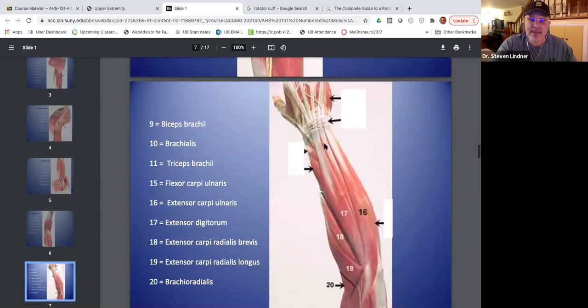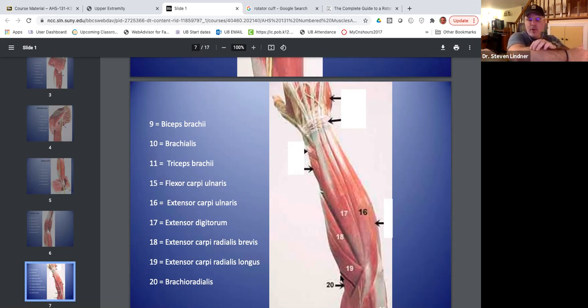Now we're rotating the hand to the posterior side so we can see number 16, which is the extensor carpi ulnaris. Number 17, extensor digitorum. Then we have number 18, 19, and 20. If you were to grab your lateral forearm, you're grabbing those three muscles.